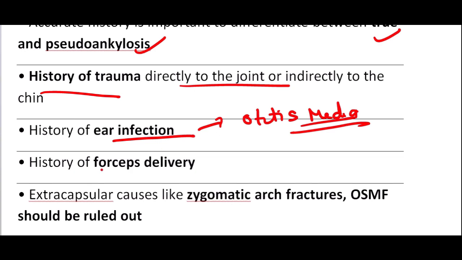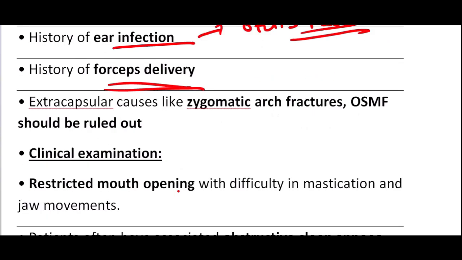Forceps deliveries during childbirth can lead to pressure on the baby's head, and that can lead to trauma or injury to the TMJ. Extracapsular causes like zygomatic arch fracture and oral submucous fibrosis should be ruled out.